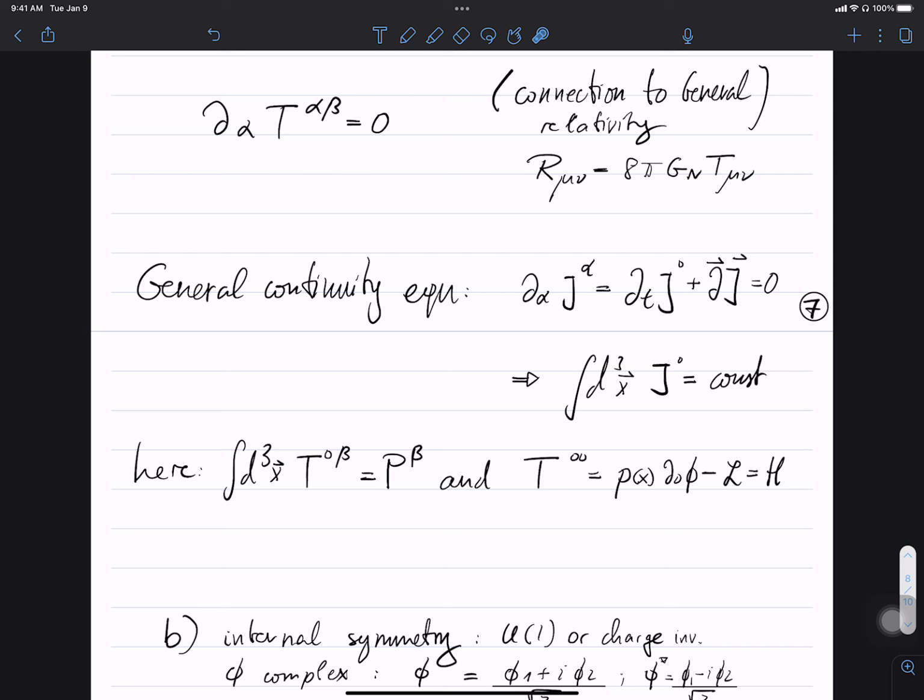Then I just wanted to mention here that the general continuity equation can be rewritten as the derivative with respect to time of the first component, plus basically the divergence of the spatial current, and the sum is equal to 0.